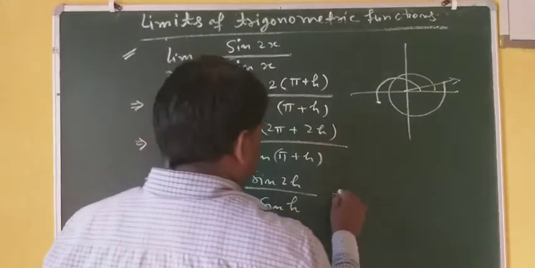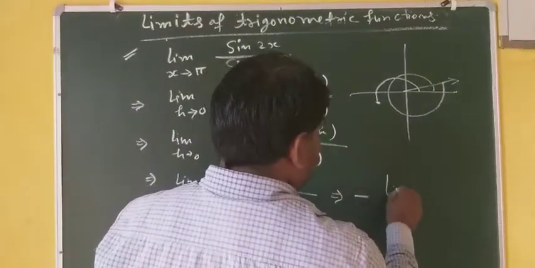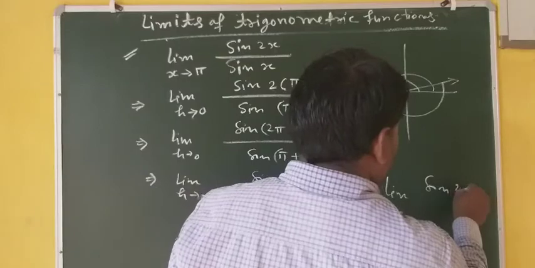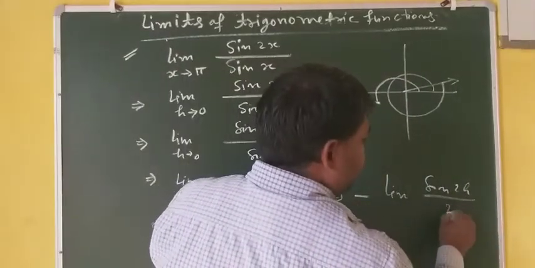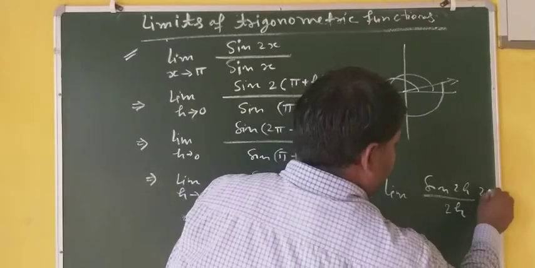That implies minus limit of sin 2h upon, we can write sin theta upon theta, 2h into 2h.